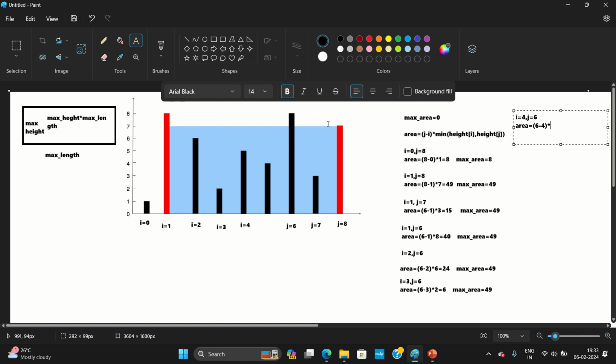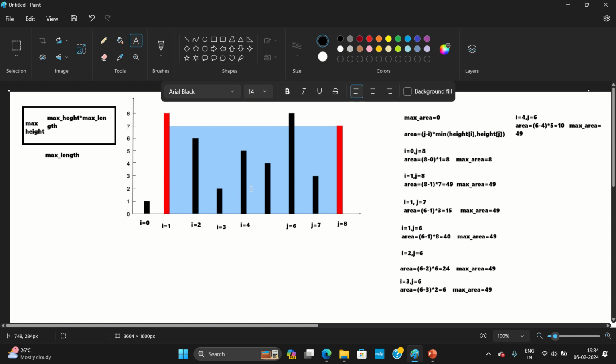So 2 into 5 is equal to 10, right? And max area stays as it is, 49, because it is the maximum till now.